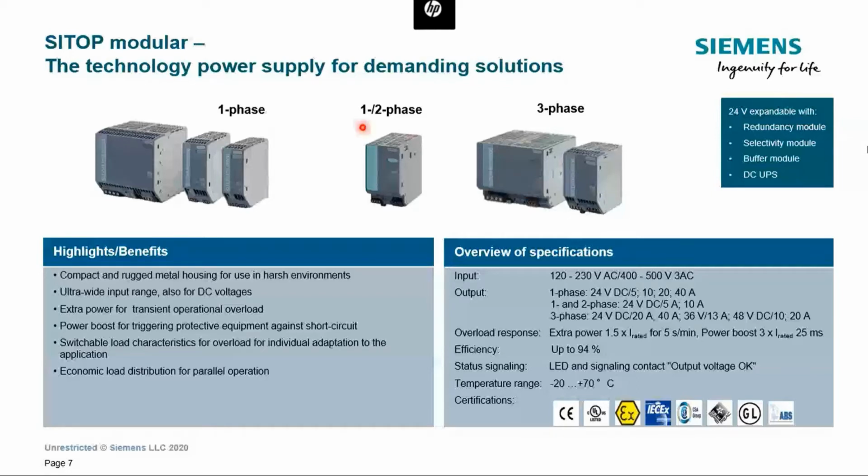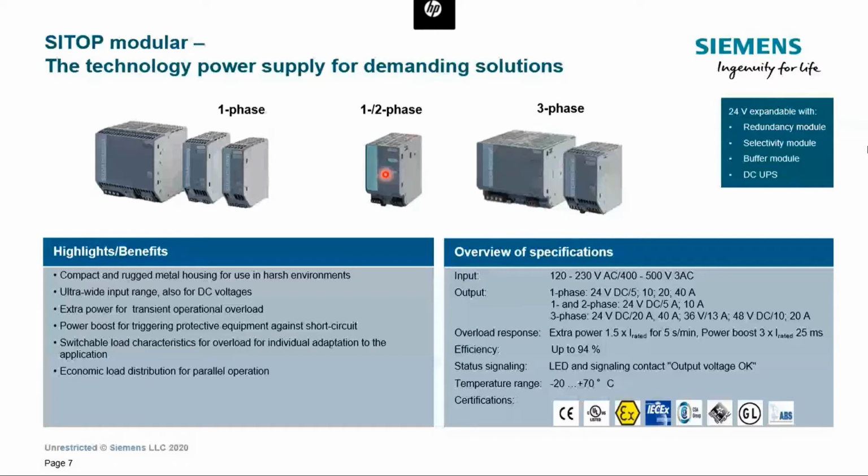This is a very useful power supply when you want to have a stock of power supplies that you can use for any type of system. Whether the supply is single phase or 3-phase, you can use this one and get the rated current out of it.